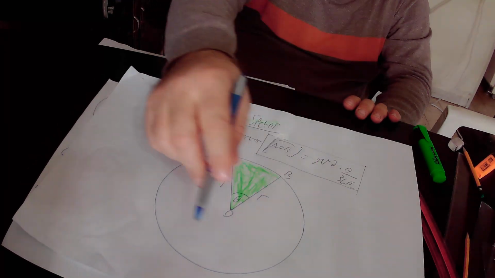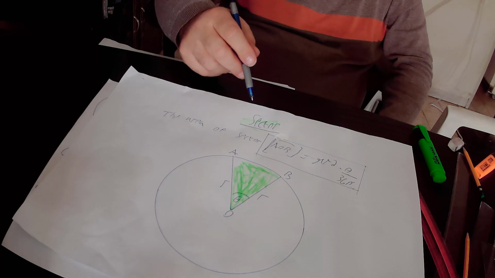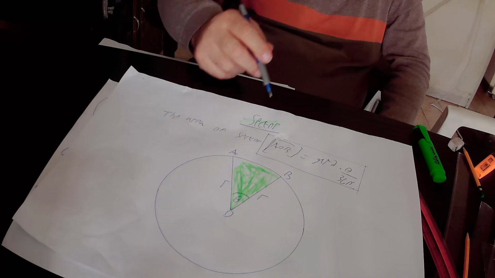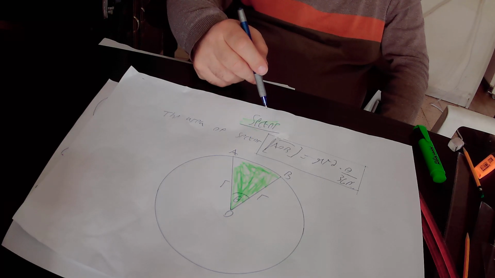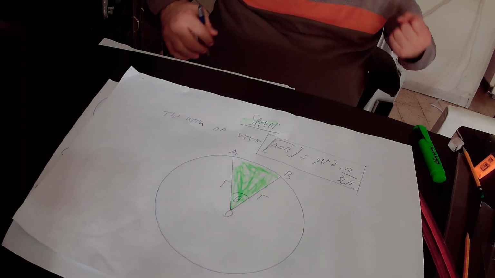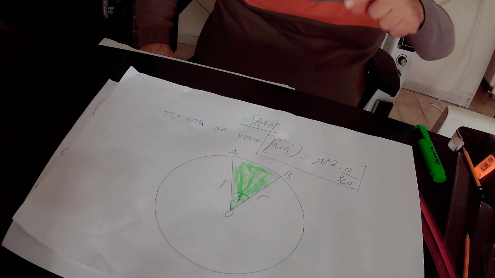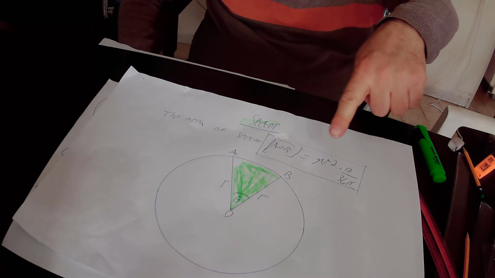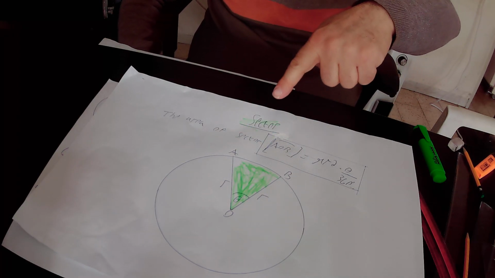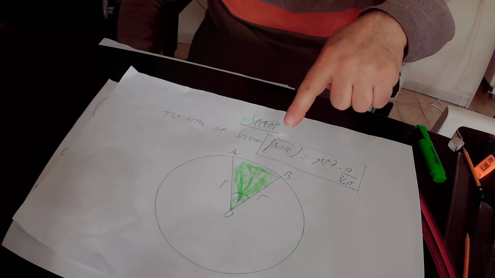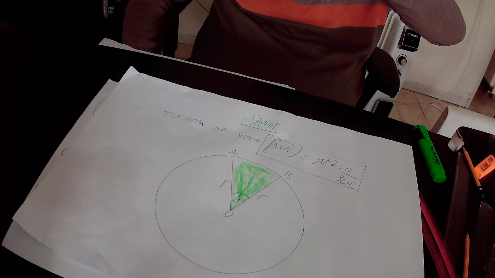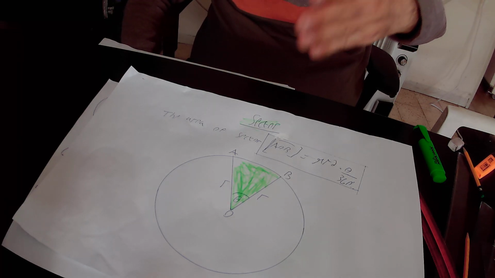In the drawing, we have a circle and the orange shape and the green shape here, A or B. This green shape A or B is a sector that is part of this circle. If we look at this circle as a cake, then the green shape A or B is one slice of a cake. So we can see a sector is one slice of a cake.